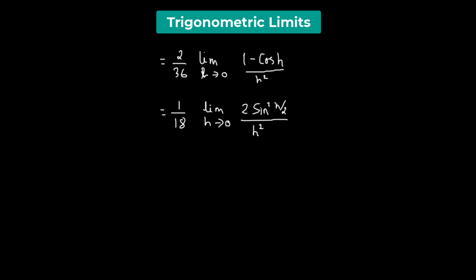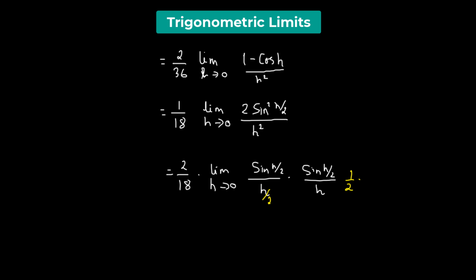So we'll have 2 over 18 times limit h tends to 0, sine h over 2 divided by h times sine h over 2 divided by h. So we're going to divide the denominator h by 2, meaning we'll need to multiply by half, and we also have to divide this h by 2 and multiply the function by half.